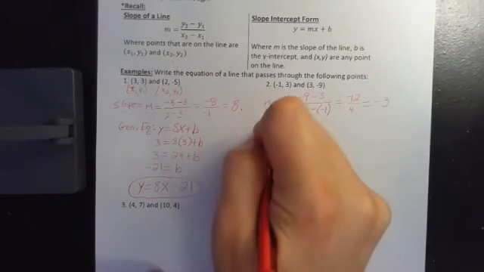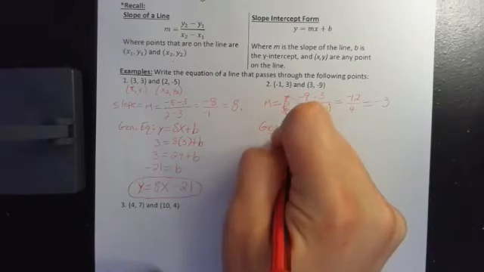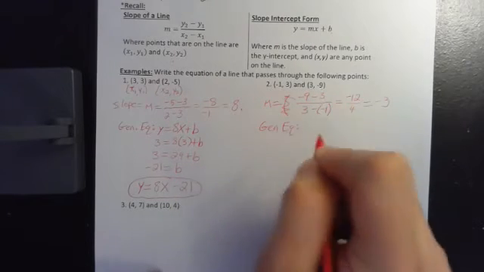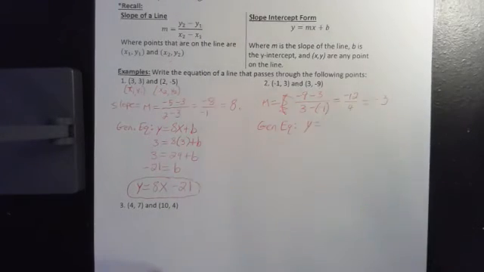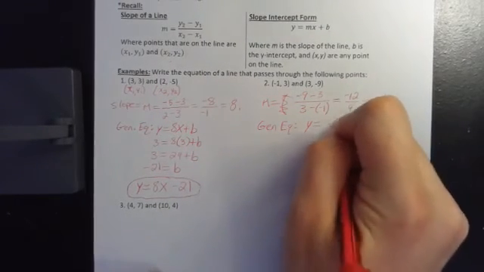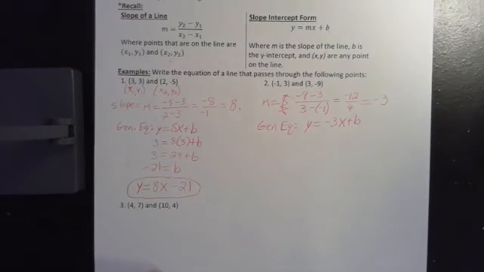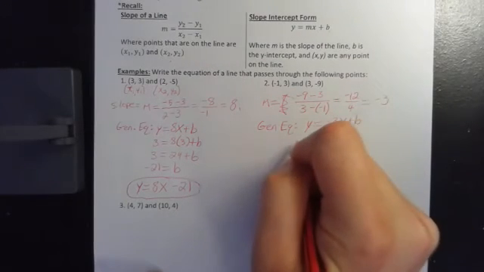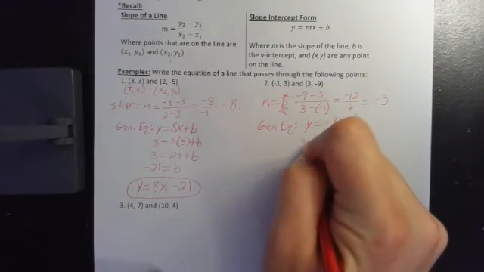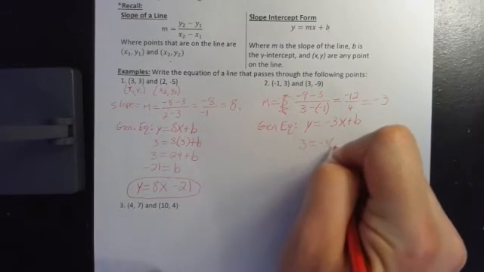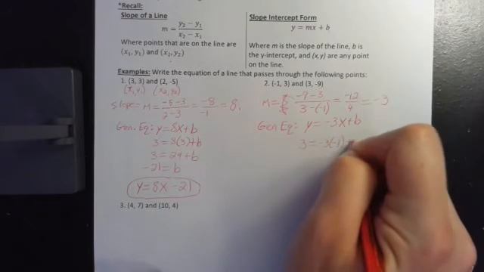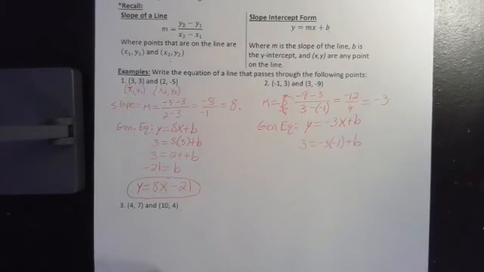So we write our general equation, which is y is equal to negative 3x plus b. Then we want to find our y-intercept. Again, I'm just going to choose my first point, but that's up to you what point you want to choose. So 3 is equal to negative 3 times negative 1 plus b.